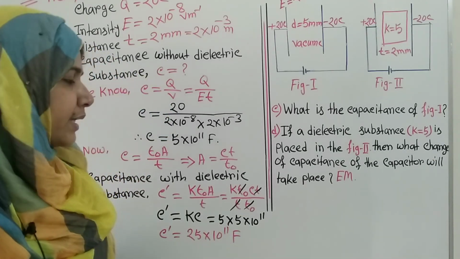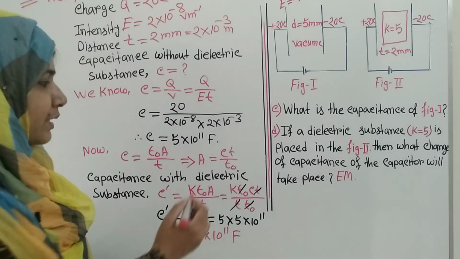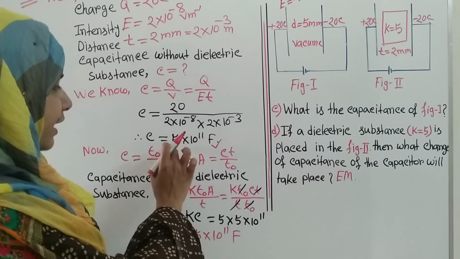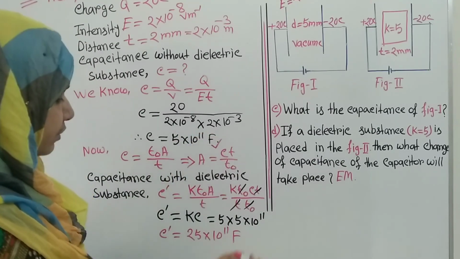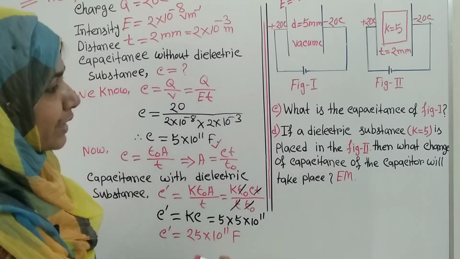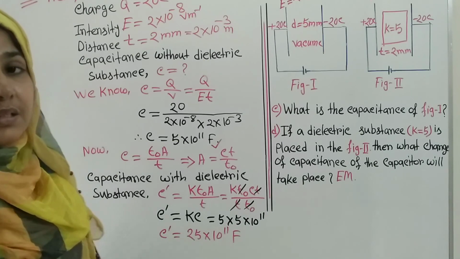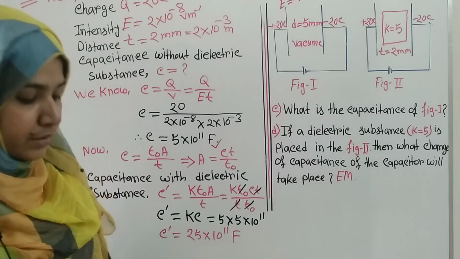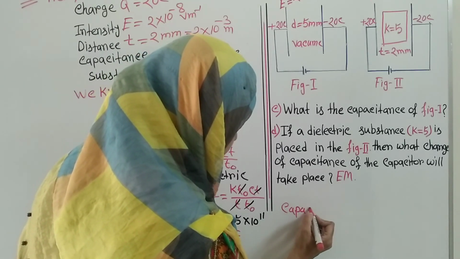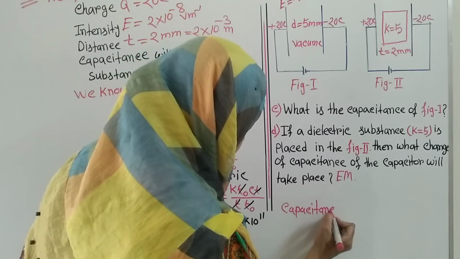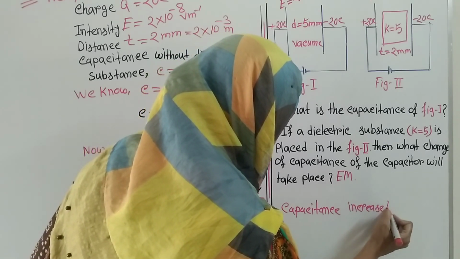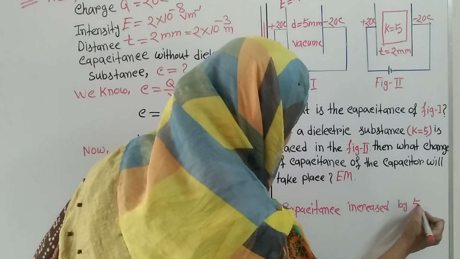Friends, you can see that the value of capacitance without dielectric constant is 5 into 10 to the power 11, and with dielectric constant is 25 into 10 to the power 11. So we can say that the capacitance is increased by 5 times.